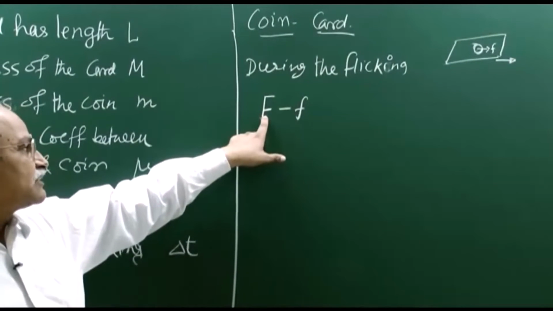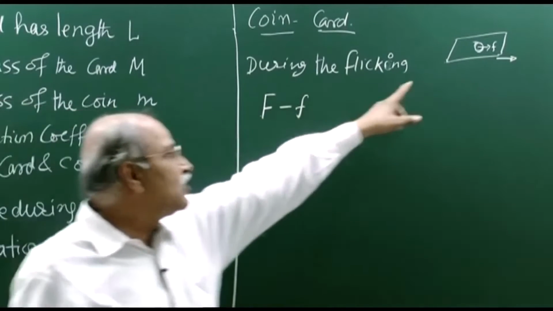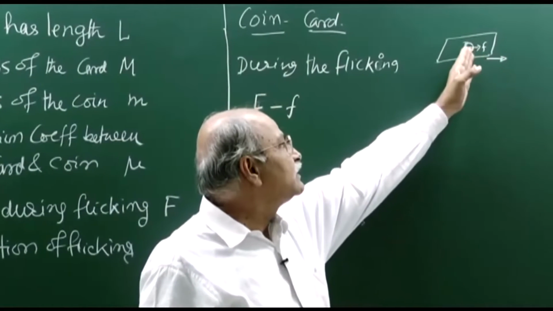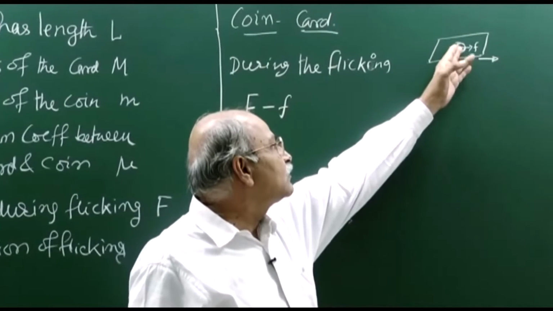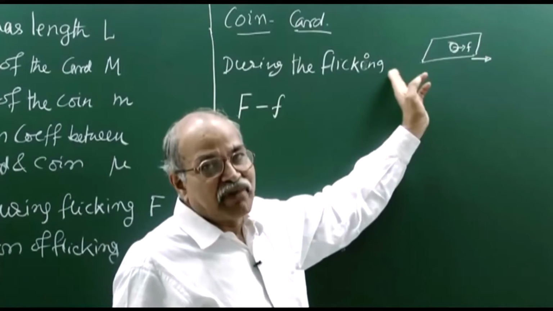F is the force with which I am flicking, and f is the frictional force due to the coin, because as it moves it slips, and therefore on the coin the force is forward and on the card the force is backward.